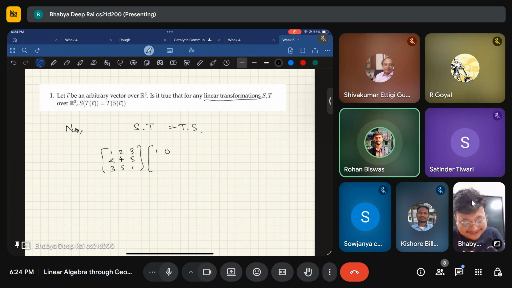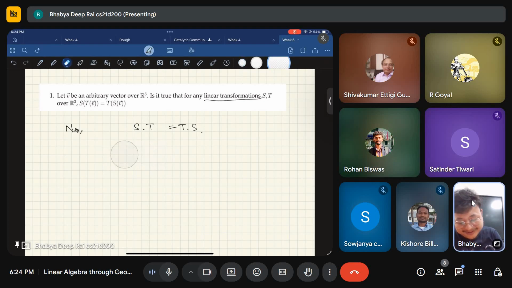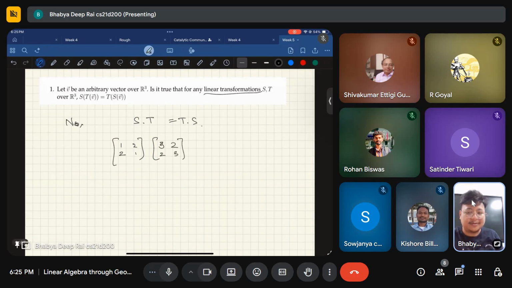Yeah, we can take a 2 by 2 example, I think. That's better actually. Else we'll be lost in the multiplication. Right. So 1, 2, 2, 1, times 3, 2, 2, 3.